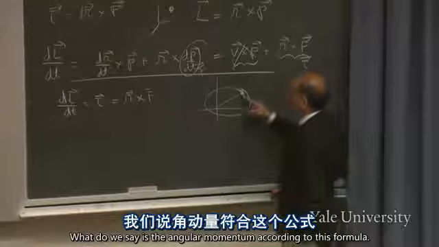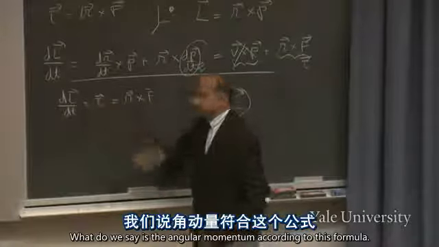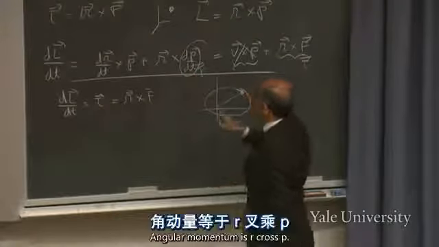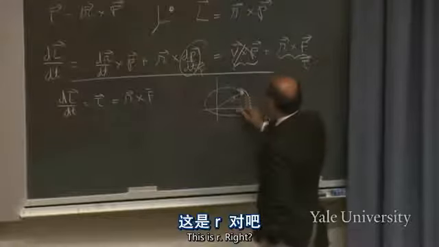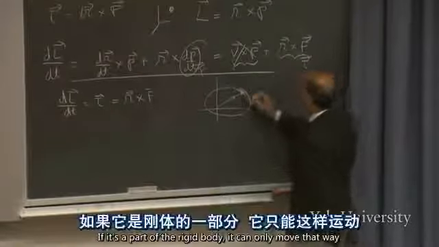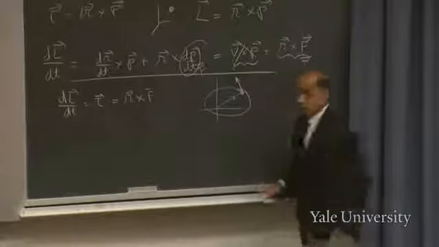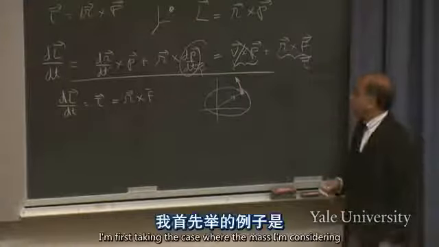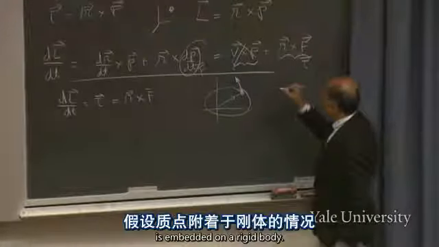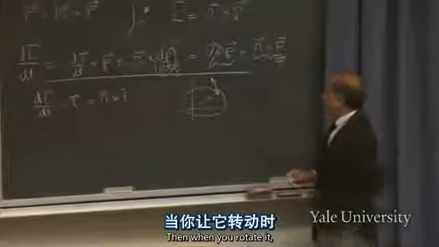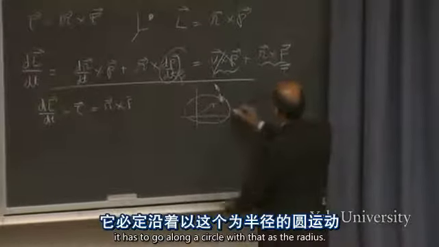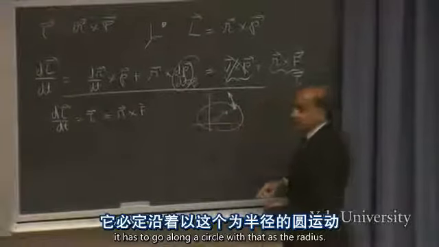What do we say is the angular momentum according to this formula? Angular momentum is r cross p. This is r. If it's a part of the rigid body, it can only move that way. I'm first taking the case where the mass I'm considering is embedded on a rigid body. Then when you rotate it, it has to go along a circle with that as the radius.